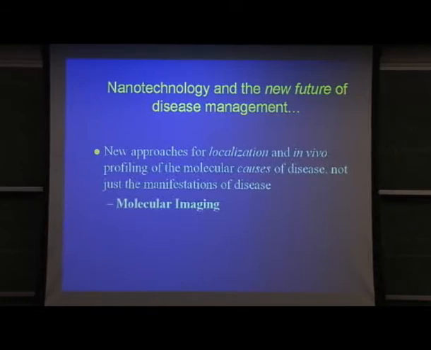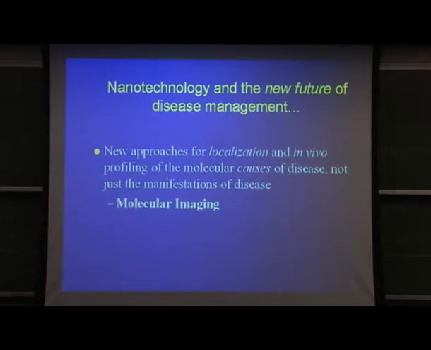Like PET is molecular imaging. You image positrons emitted from labeled palmitate and so forth. So that's a molecule that you can find by coincidence detection. But in this case, we're going to do molecular imaging, not just for the fun of it, but we want to look for the molecular causes of disease, not just the manifestations of disease.